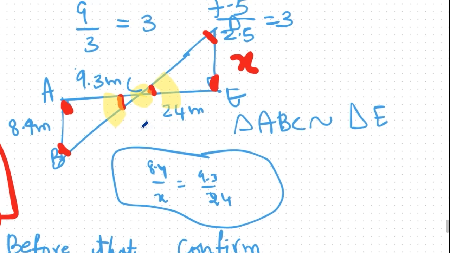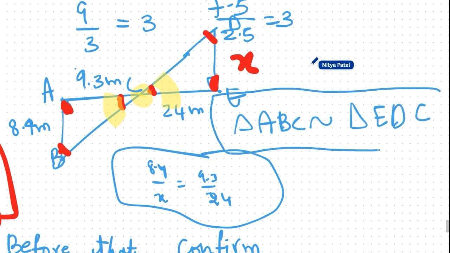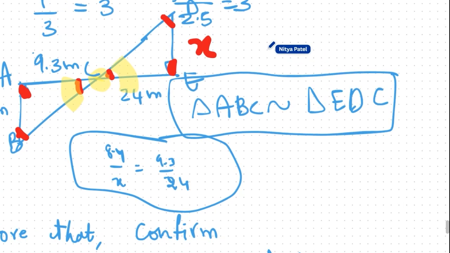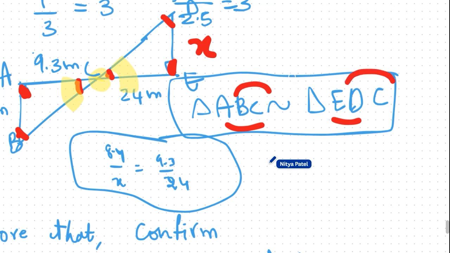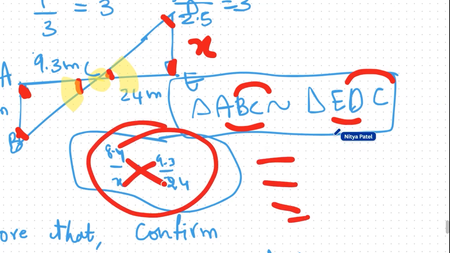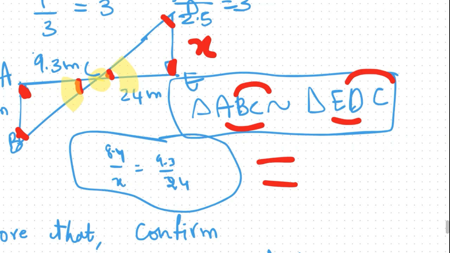That is correct. After writing this, you have to write AB upon ED is equal to BC upon DC, and then AC over EC. After writing that formula, you have to cross multiply like this to get x value. So this is the process. So I'll stop the class here.